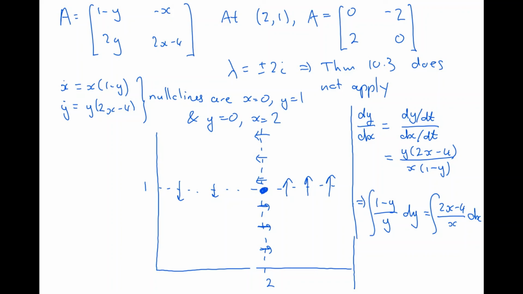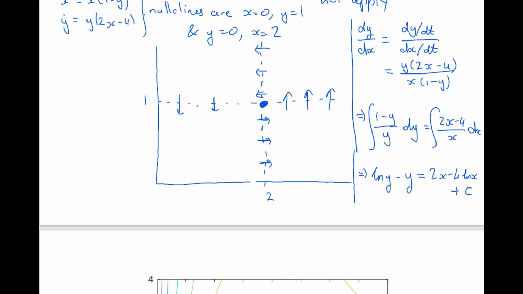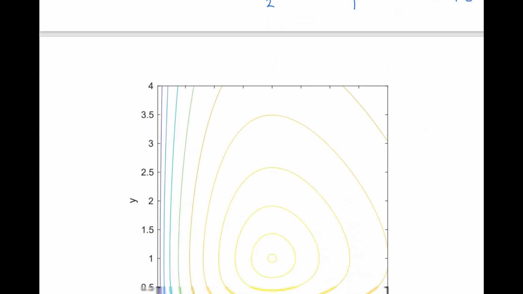I can integrate both sides, and I can get log y minus y on the left is equal to 2x minus 4 log x plus c on the right, and level sets of that implicit solution will tell me the curves that the solutions lie on. Now that's a rather complicated thing to graph by hand, so I've done it on MATLAB with the contour function, and here's what it looks like.